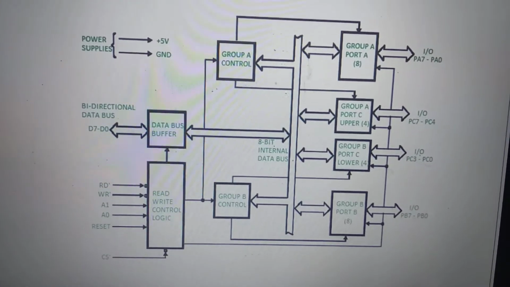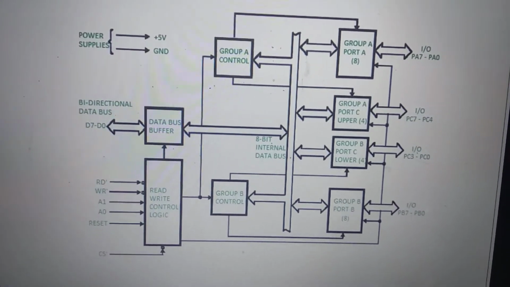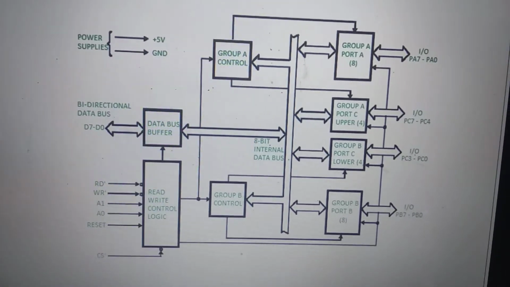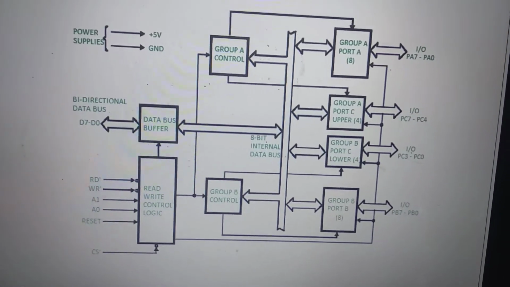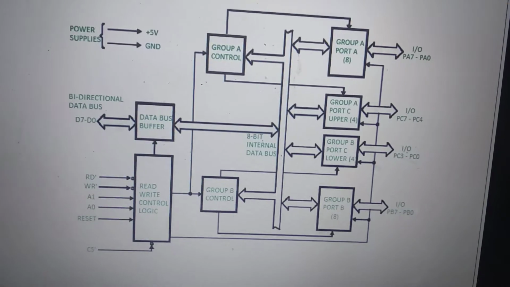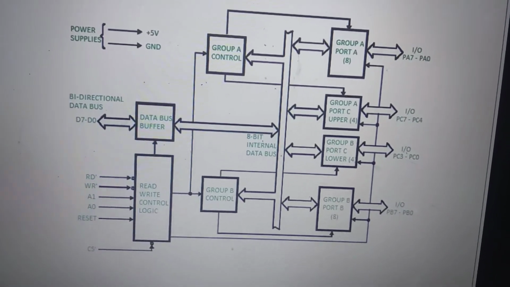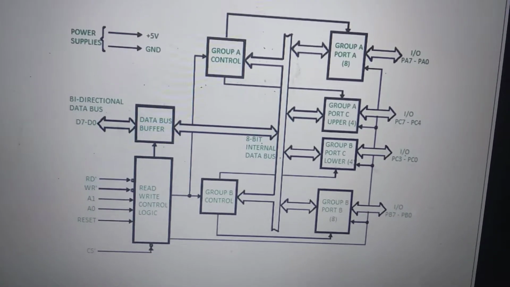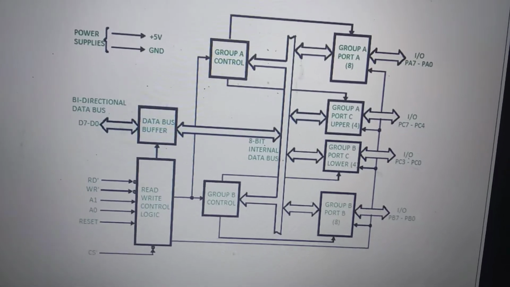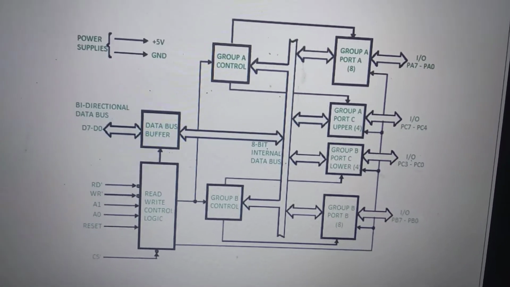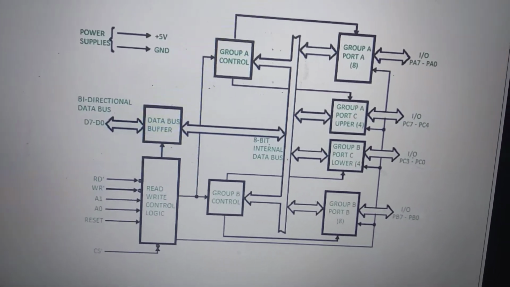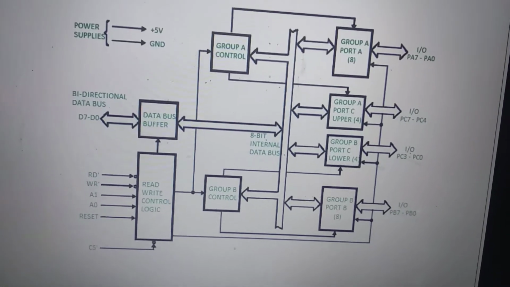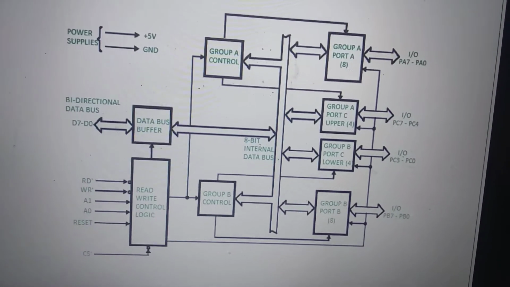Every device can be interfaced in two modes: memory mapped IO and IO mapped IO. Mostly we use IO mapped IO, and in that case we need this chip select signal. And what are we left with?